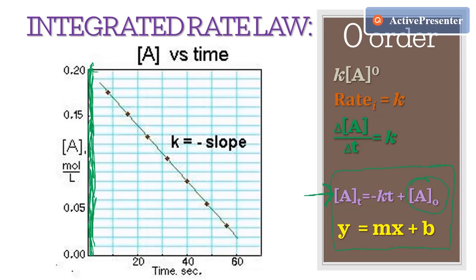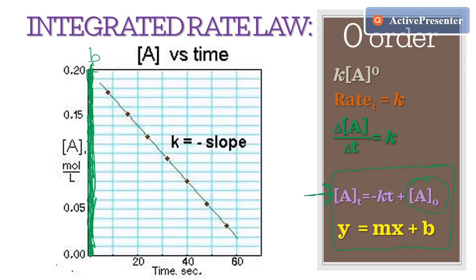So whatever your original concentration of A was, you're going to plot it at the 0 on the x-axis, but up on the y-axis right here. So that's your y-intercept. That's b.